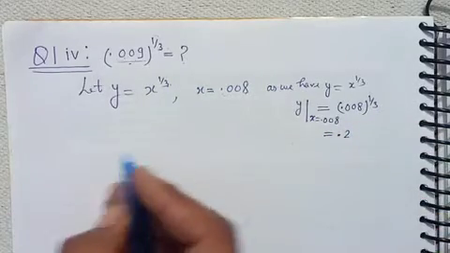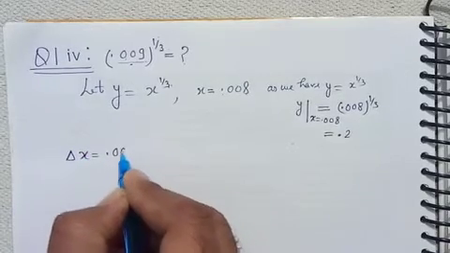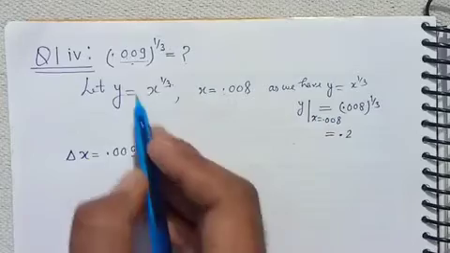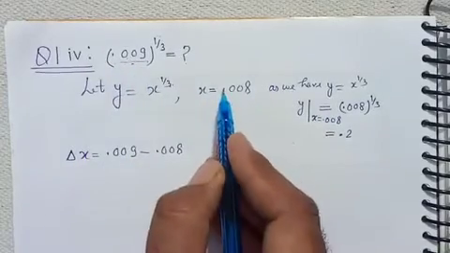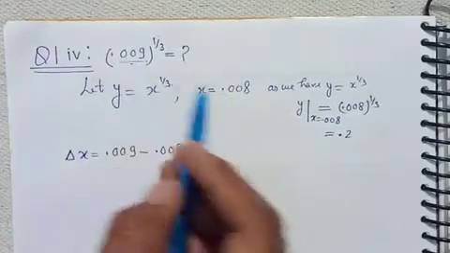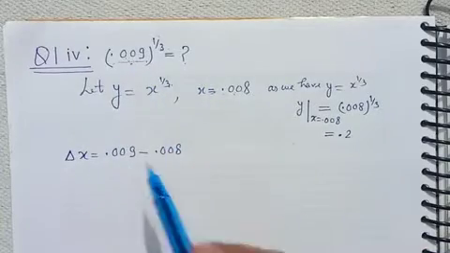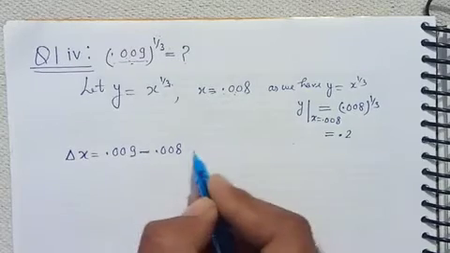Calculate this. So delta x equal 0.009 minus 0.008. This value is always x plus delta x, and this is x, we have assumed it. So this number minus this number will always be delta x. It can be positive or it can be negative. We will use it with sign.